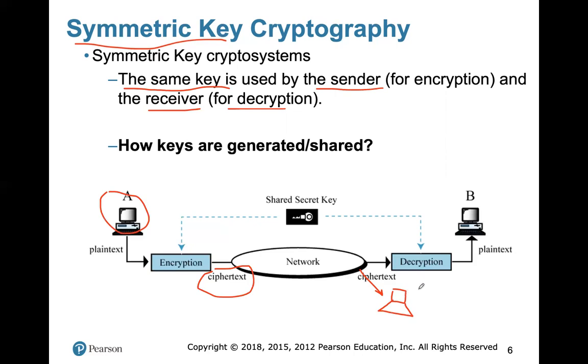Because we are talking about a network, there should be many other computers other than A and B here, but none of them will be able to decrypt the ciphertext because they don't have the key.